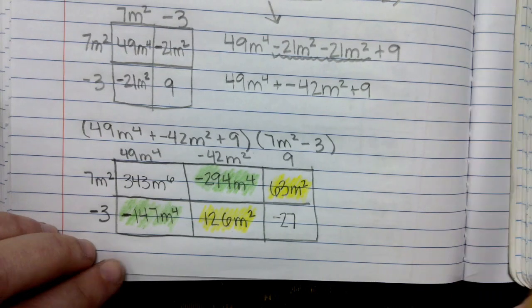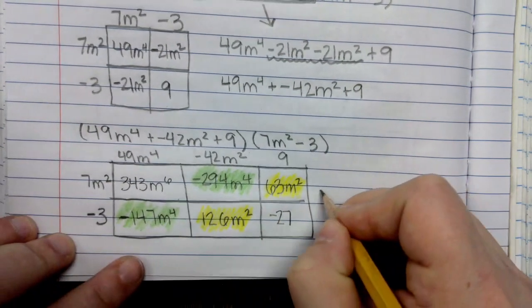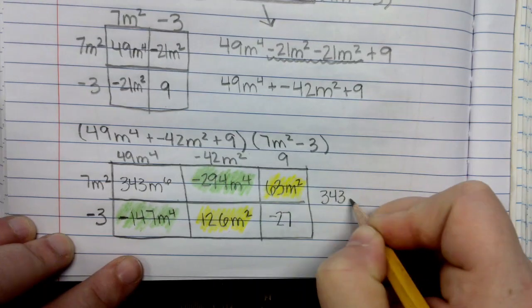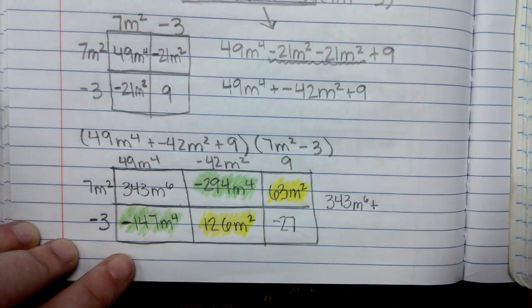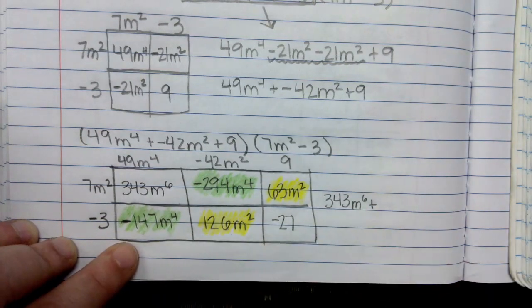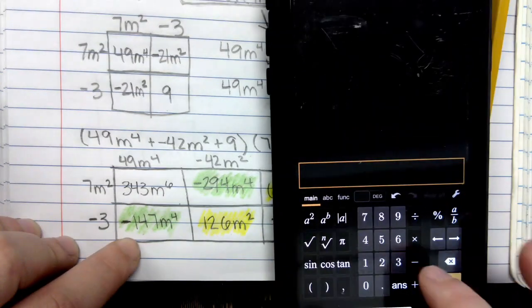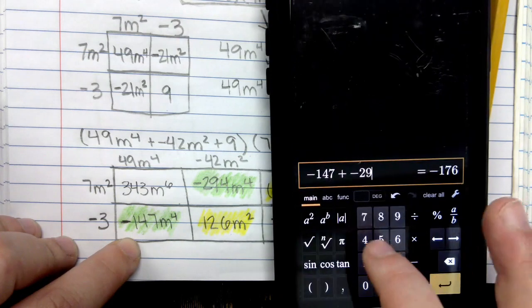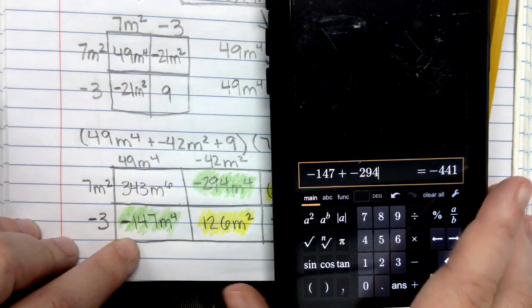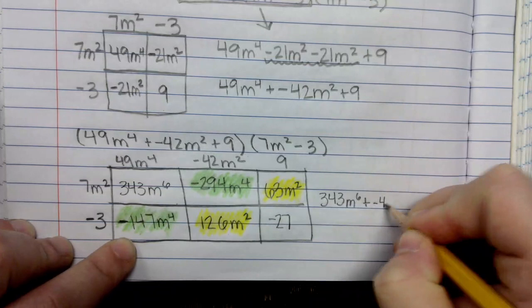I'm going to run out of space, so I'll just try and get it in there. It'll be fine. And then I got to combine our 126 and 63. Anyone got that without a calculator? 189 m squared. And then, do I have a constant? Negative 27.